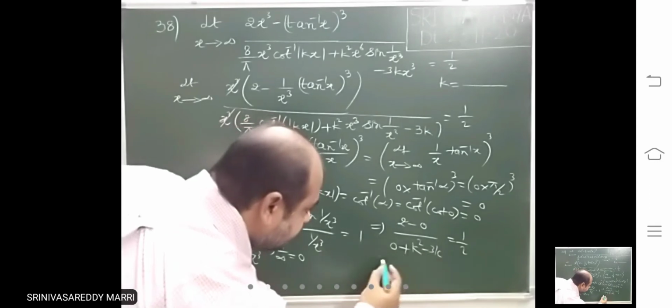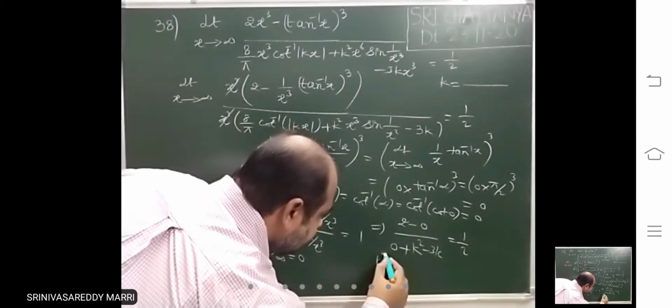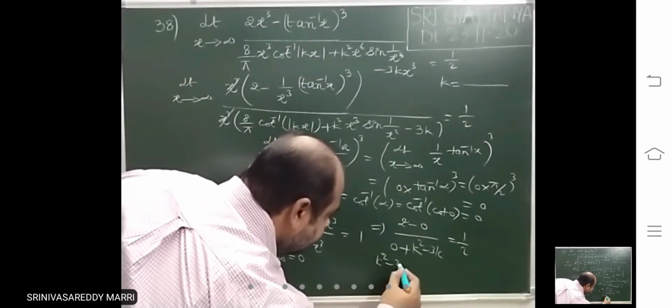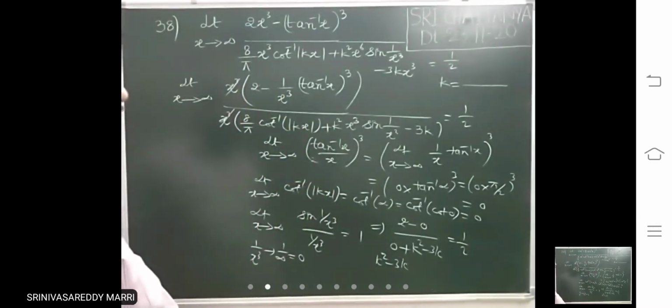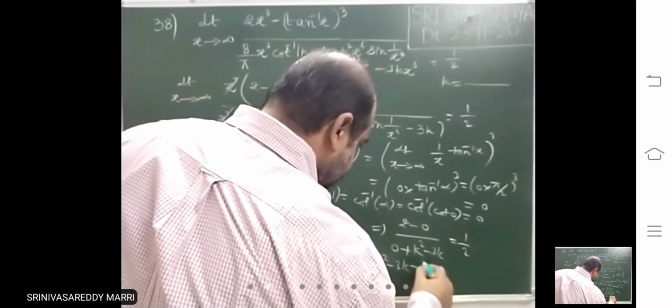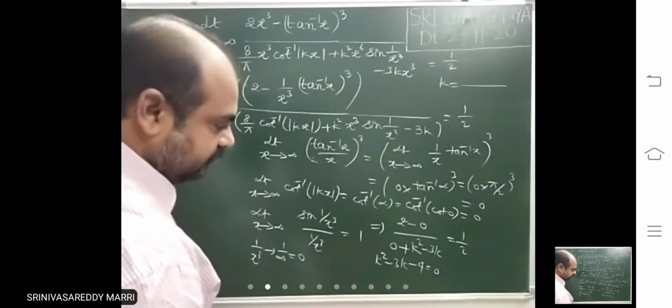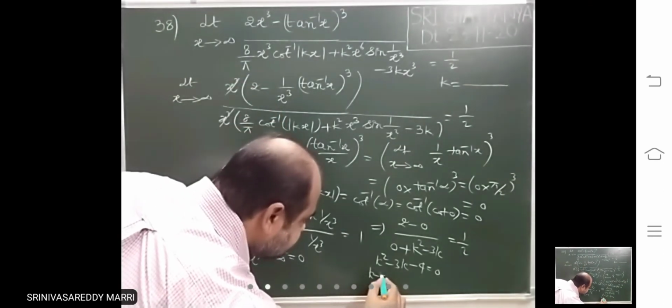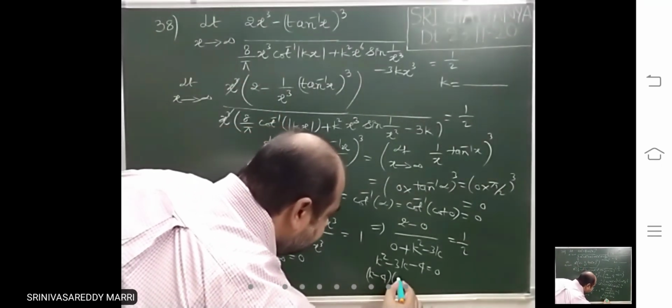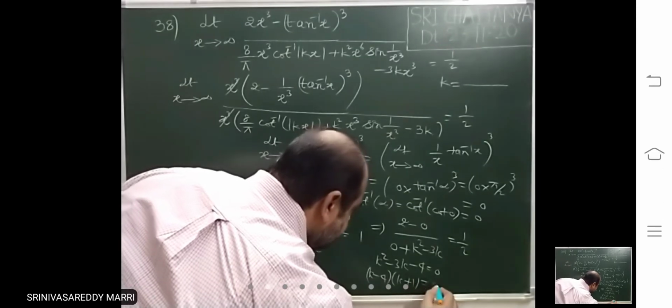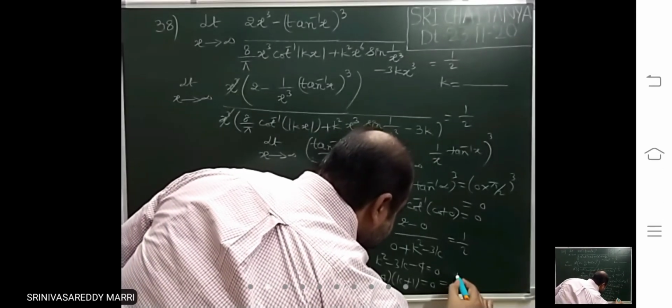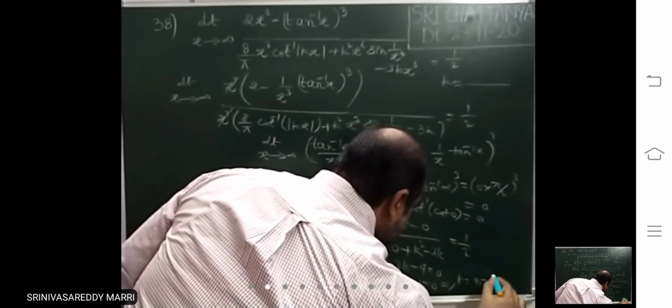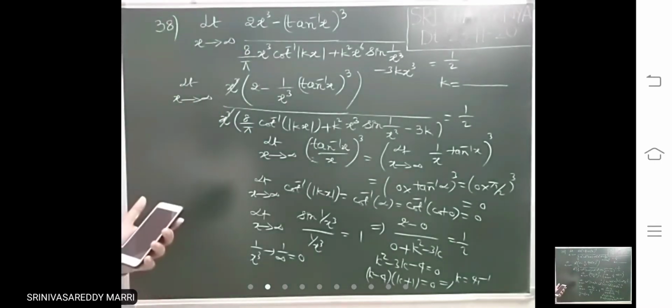If you cross multiply, you will get k square minus 3k minus 4 equal to 0. If you factorize this, you will get (k minus 4) into (k plus 1) equal to 0. K equal to 4 comma minus 1.